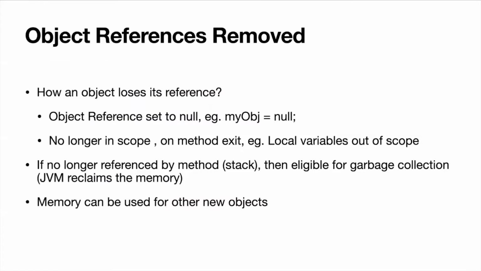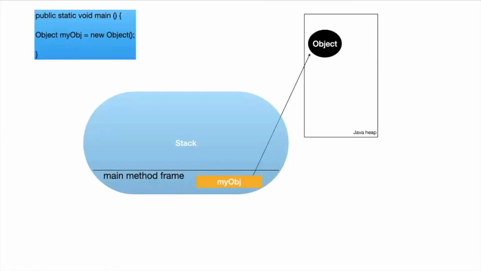And normally, as long as you have a reference to the object, Java will not release that memory to be used by other parts of the program. That object will be kept there as long as you have a reference.